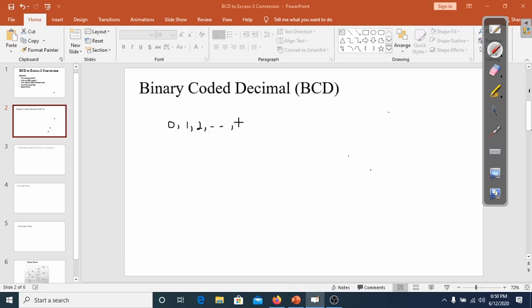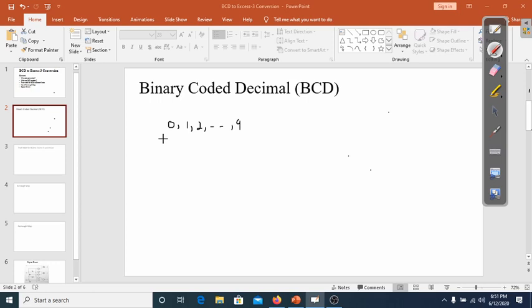So there are 10 decimal digits, starting from 0, 1, 2, 3, 4, 5, 6, 7, 8 and 9, and its base is 10. In a similar fashion, we know that the binary numbers are 0 and 1. Our digital system only understands the binary language.